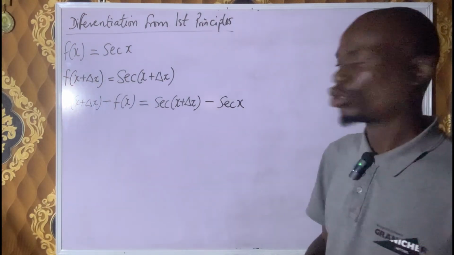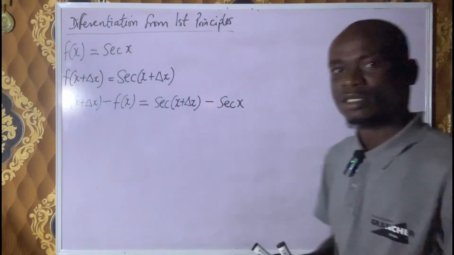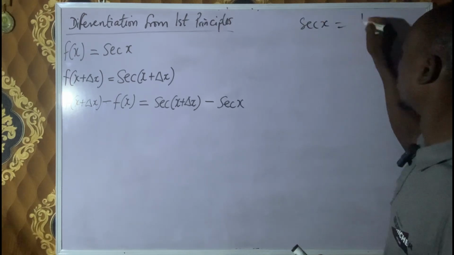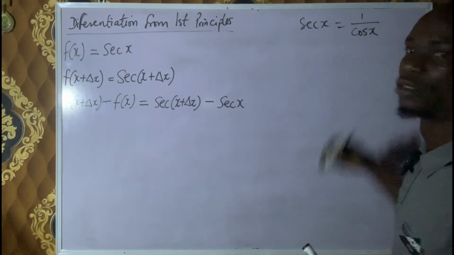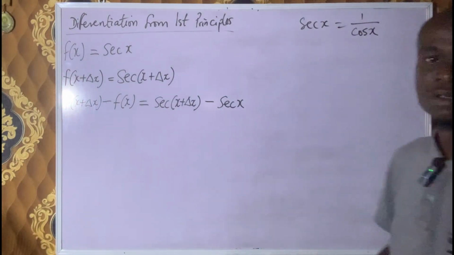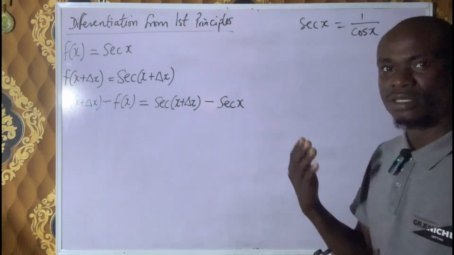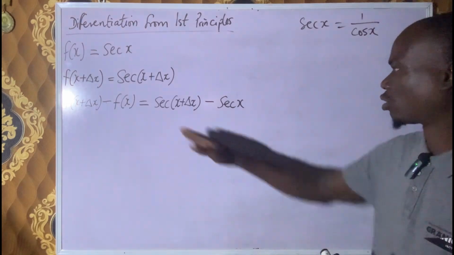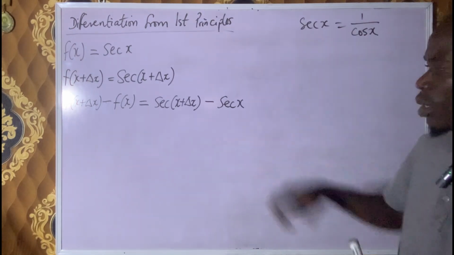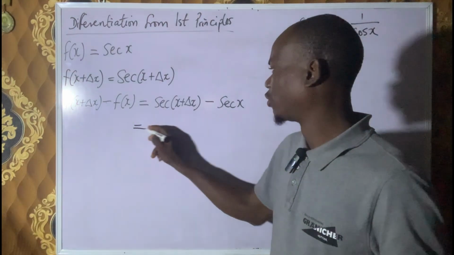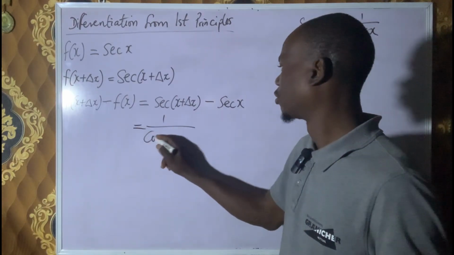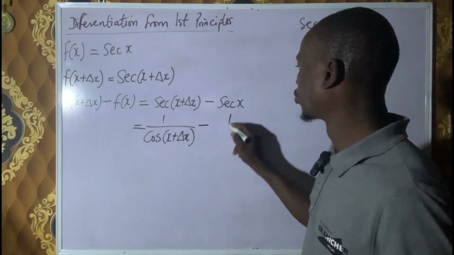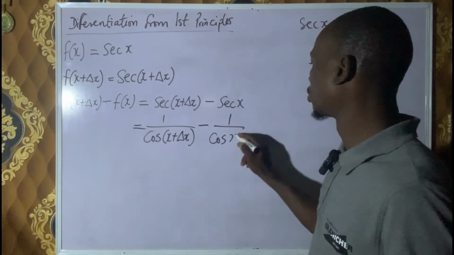Okay, so what you need to note here is that sec is the same thing as 1 over cos x. In our trigonometry relationship, we show that sec x is equal to 1 over cos x. So we're going to replace all the sec with 1 over cos. If I do that, I'll be having 1 over cos of x plus change in x minus 1 over cos x.